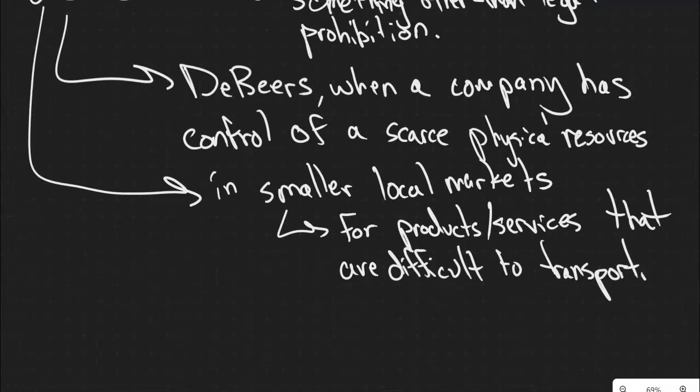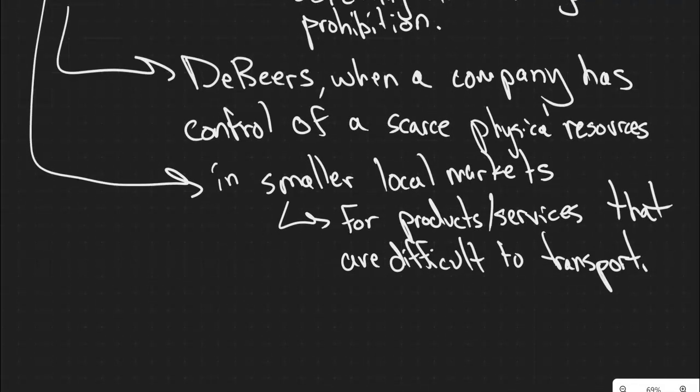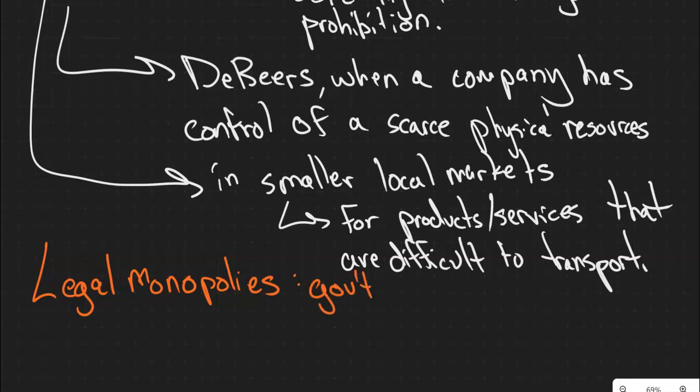So we talked about it, but we didn't write it down: legal monopolies. Legal monopolies is where the government creates barriers to entry, which limits or prohibits competition.